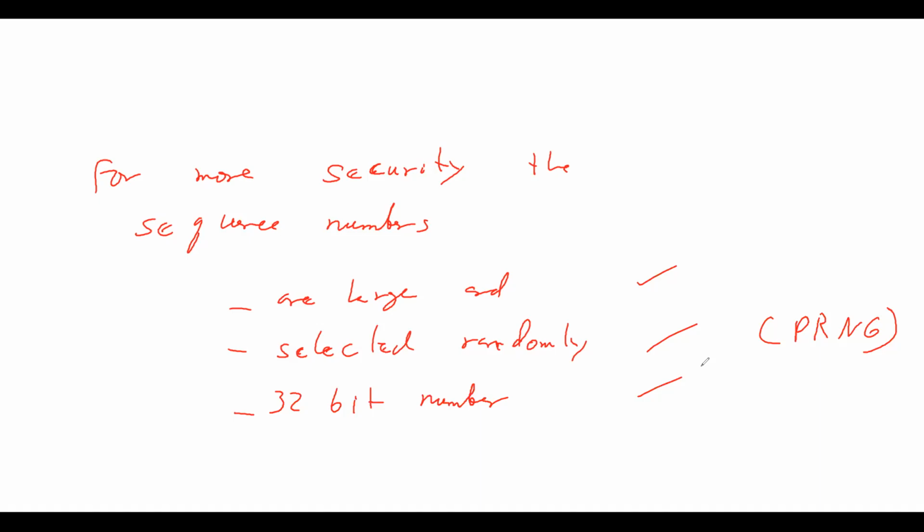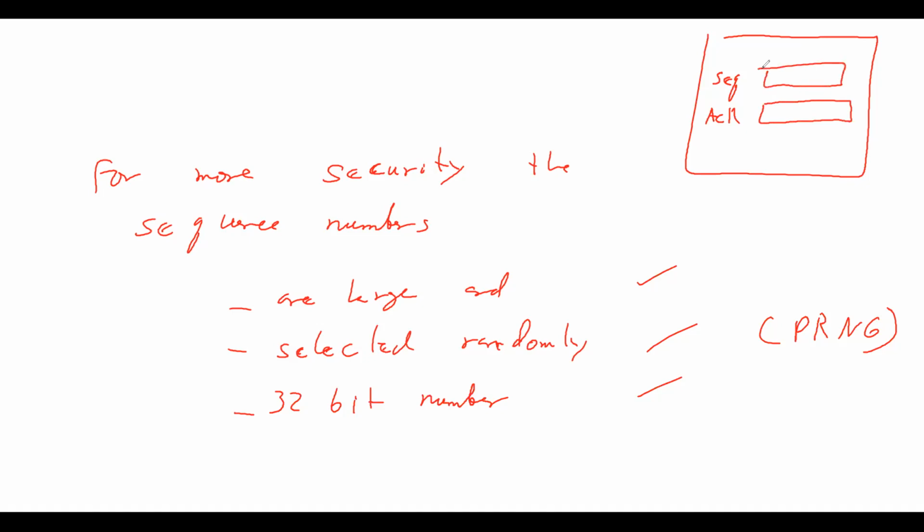Remember also, and we'll see this later, when you look at your packets, let's imagine you're looking in Wireshark, every packet is going to have a sequence number field, I think it's called sequence, I can't remember exactly, and an acknowledgement field. There are these two fields because there are two directions of communication.